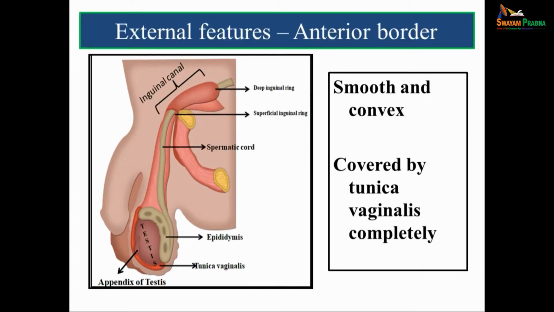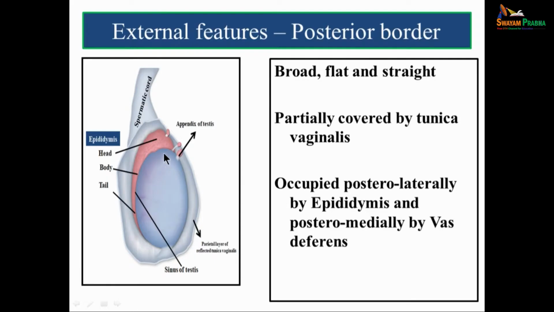Now we move on to the borders, the anterior border and posterior border. The anterior border is smooth and convex. It is covered entirely by tunica vaginalis. The posterior border is here in this picture.